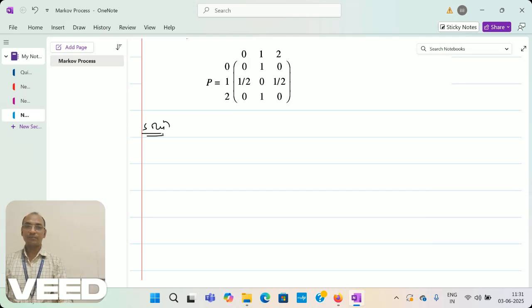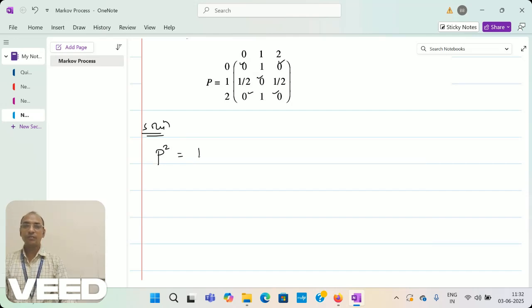We have to decide. Okay, so now you see that this is our TPM, where this element is 0, this element is 0, this element is 0, this element is 0. So we will find P2. If I consider this is my P1, then we will find P2.